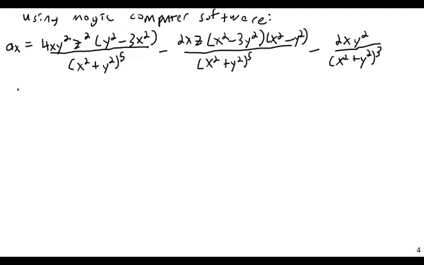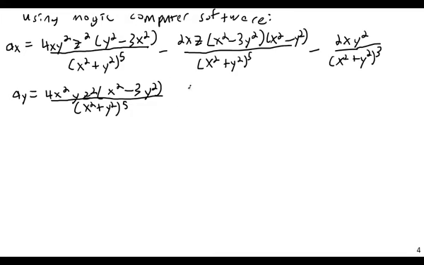And then a_y is going to be 4x squared y z squared times (x squared minus 3y squared) over (x squared plus y squared) to the fifth power, plus 2yz squared times (x squared minus y squared) times (y squared minus 3x squared).